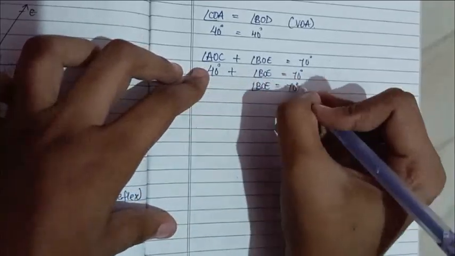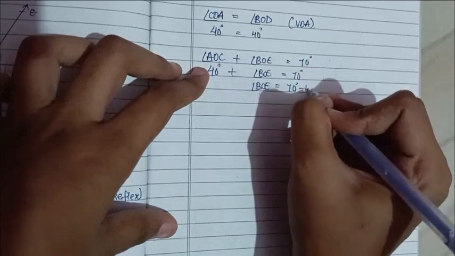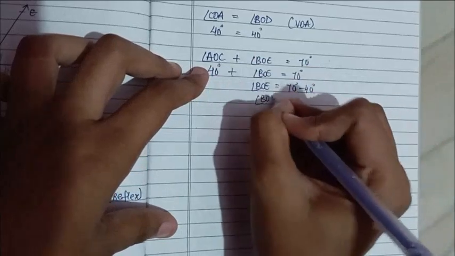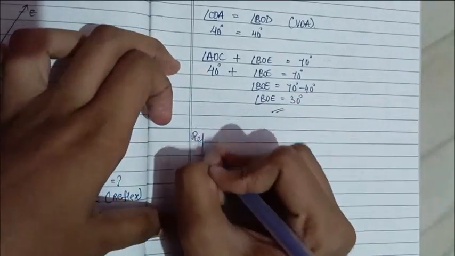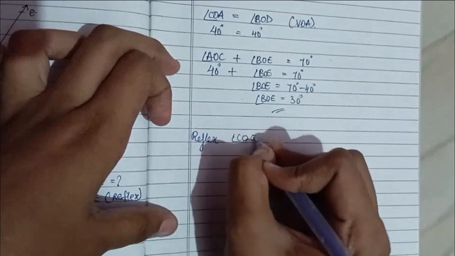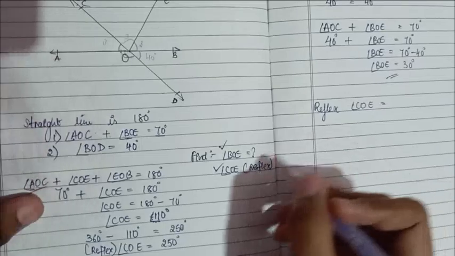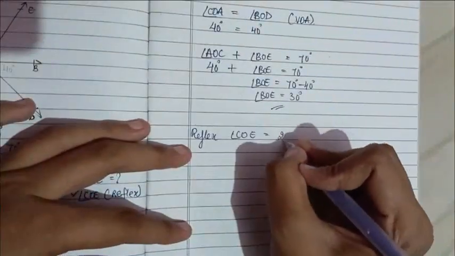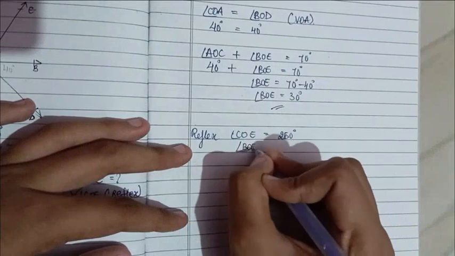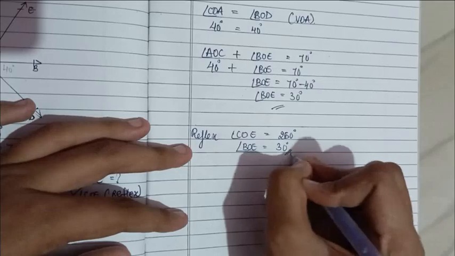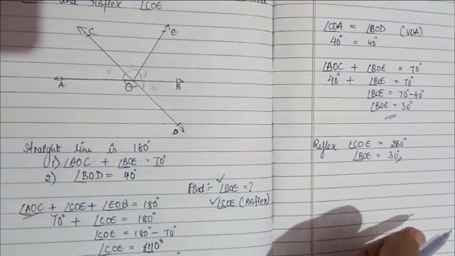If it is plus on the LHS, it becomes minus on the RHS, so angle BOE will be 30 degrees. So the reflex of angle COE is 250 degrees and angle BOE is 30 degrees. We have found the solution to the first problem.